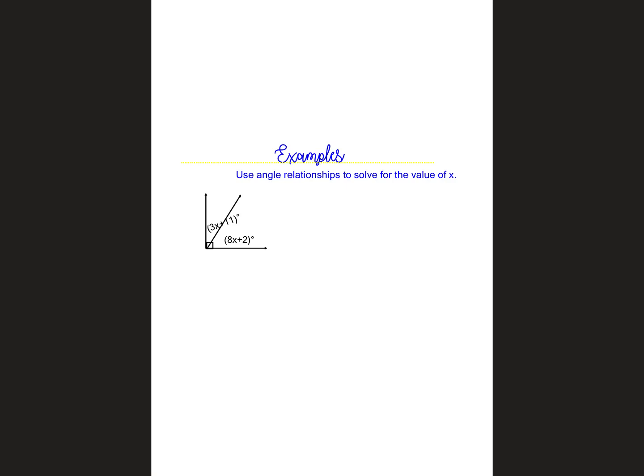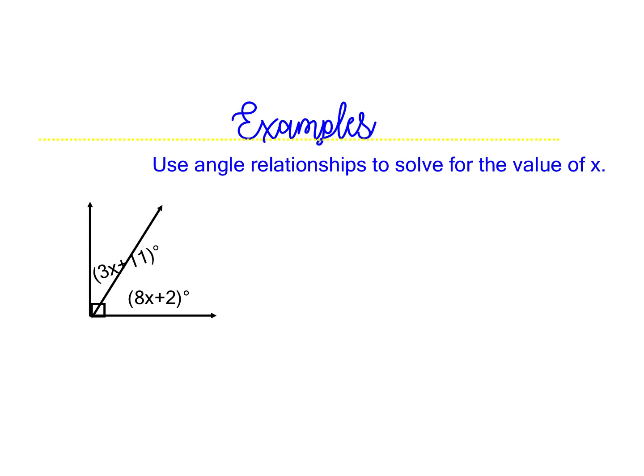In this next example, we have these two angles, and then I'm seeing here that they have this right angle, so we know that those angles are complementary, which means they add up to 90.